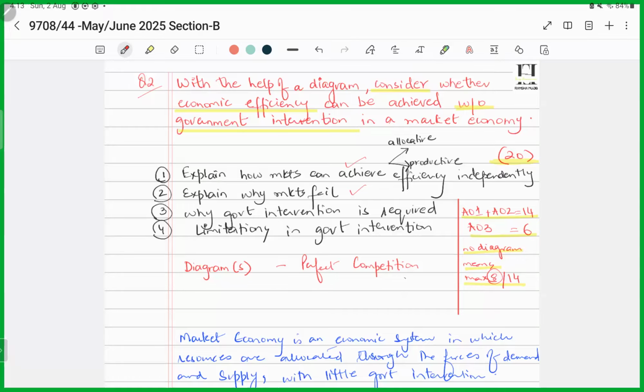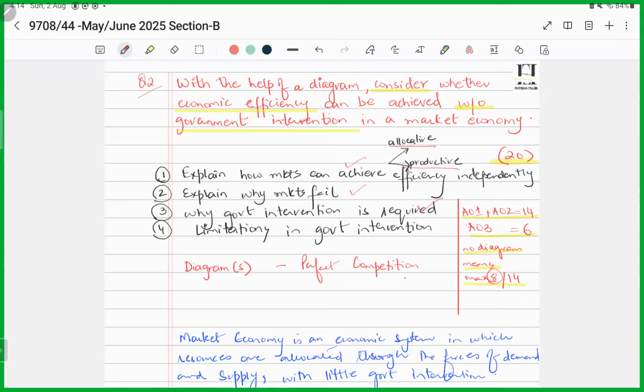Then you will talk about why government intervention is necessary, but then you'll also talk about the pitfalls or the limitations or the shortcomings of the government as well. And finally, you will conclude with a strong conclusion, right? Now, when we are talking about efficiency, we are talking about allocative and productive efficiency both.